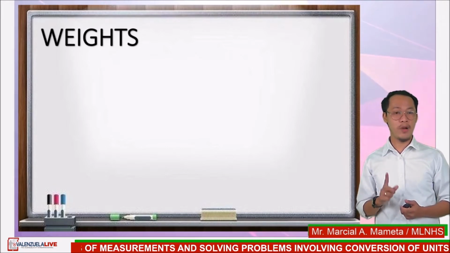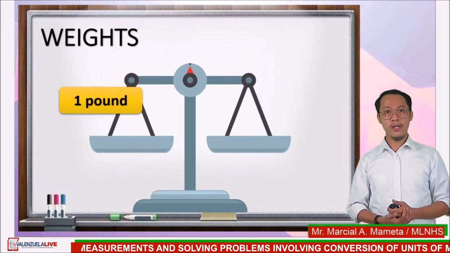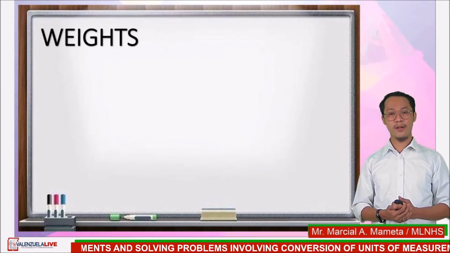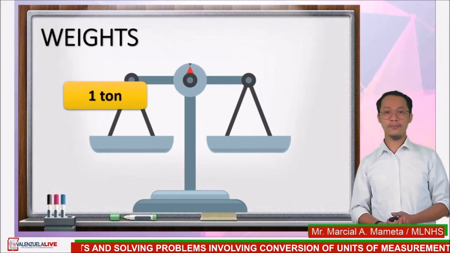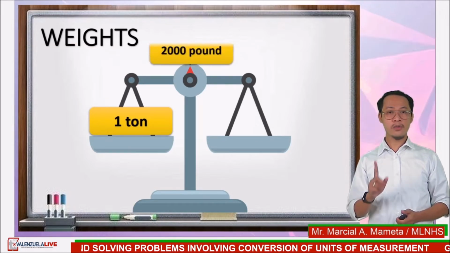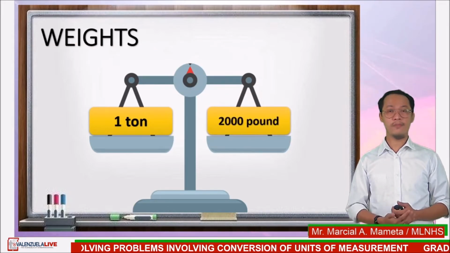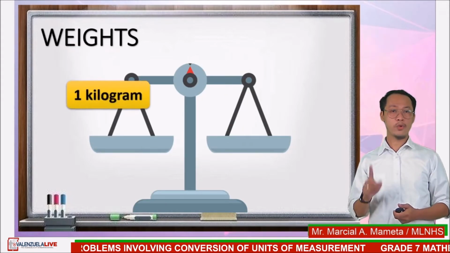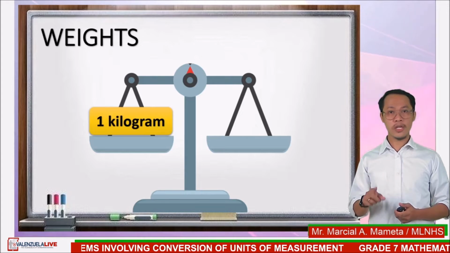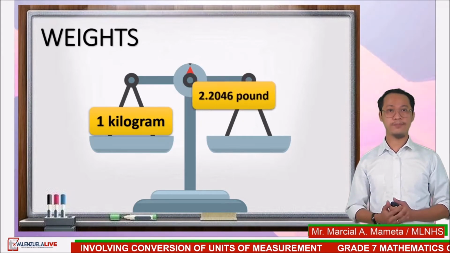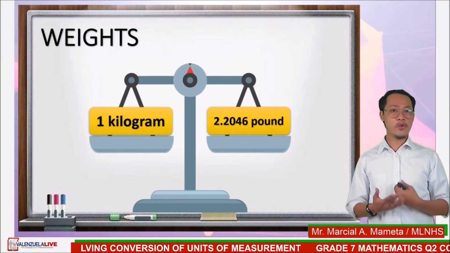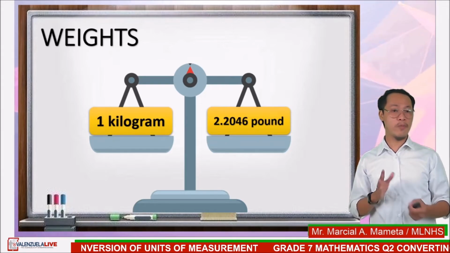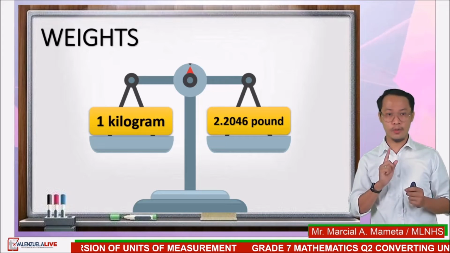Well, take note of the following. 1 pound is equal to 16 ounces. 1 ton is equal to 2,000 pounds. And 1 kilogram is equal to 2.2046 pounds. That is why when you're trying to know your weight in pounds from kilos, you just have to multiply it by 2.2.